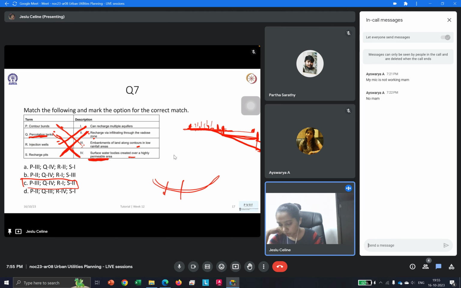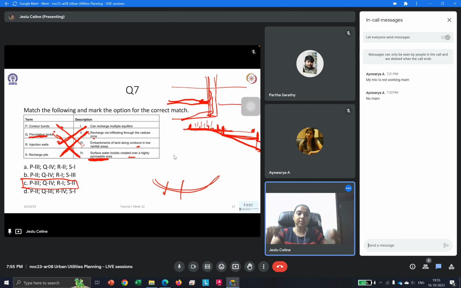So let me just sketch it out for you. If you have an injection well, it's a deep well, right? You can have multiple aquifers, and using this injection well, you can channelize it and recharge multiple aquifers. But a recharge pit is a surface structure, so you create something like this.